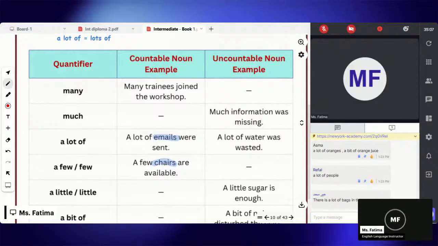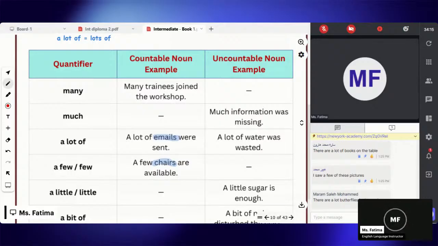If we said lots of, we don't need a here.